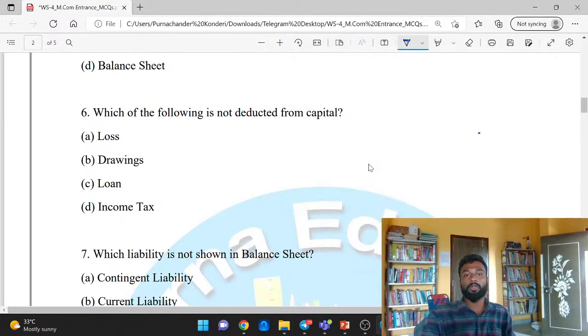Which of the following is not deducted from capital? The question is clearly asking which will not be deducted.